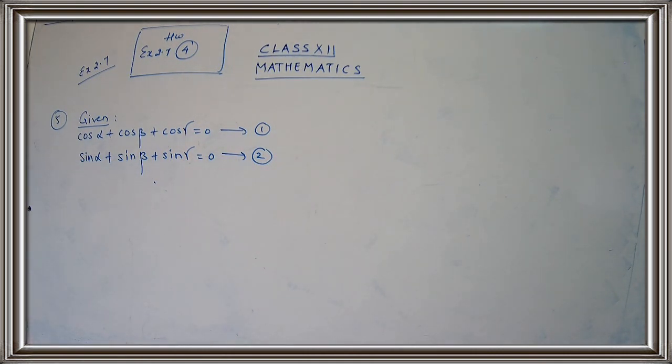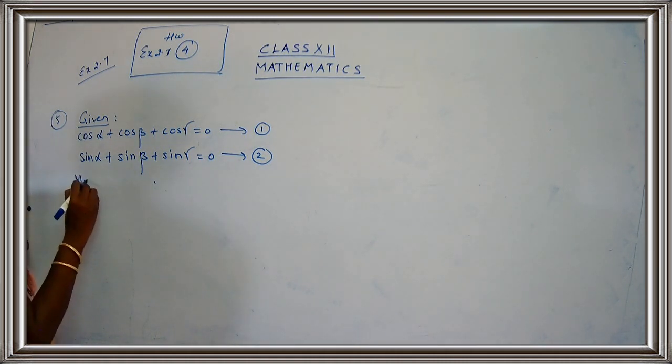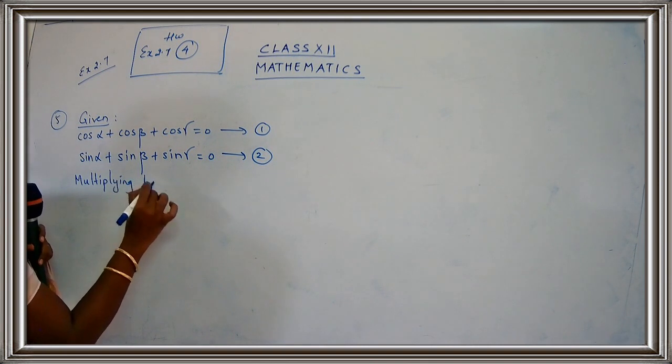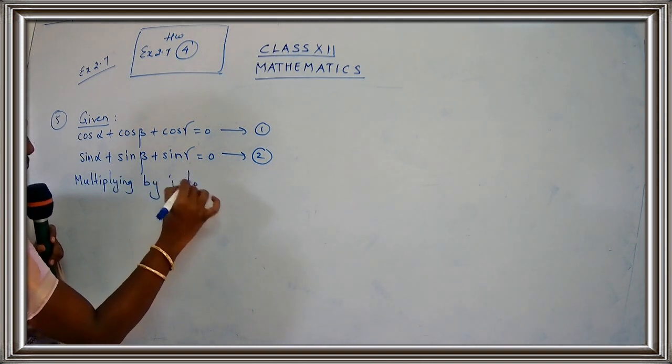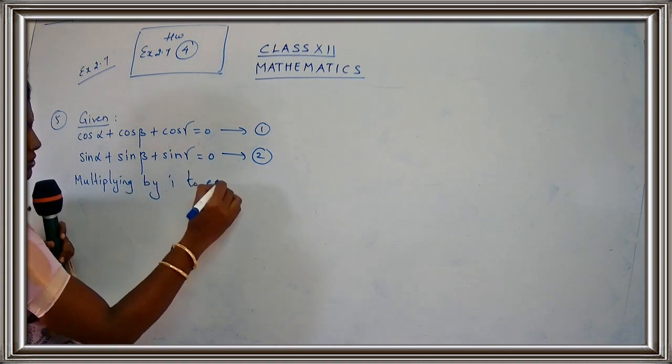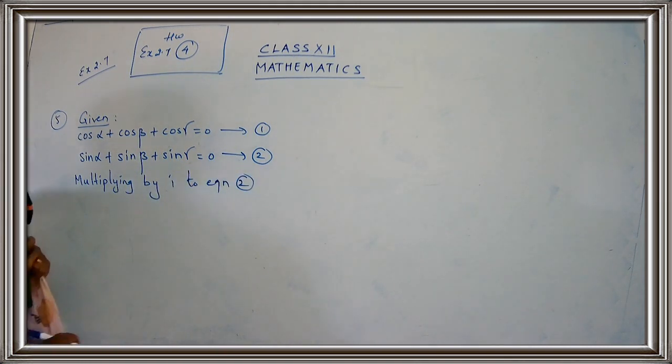Okay, now what we are going to do here is multiply equation 2 by i. So write down here, multiplying equation 2 by i. Okay, no problem.